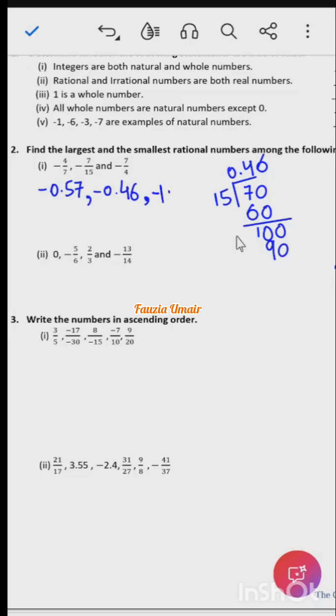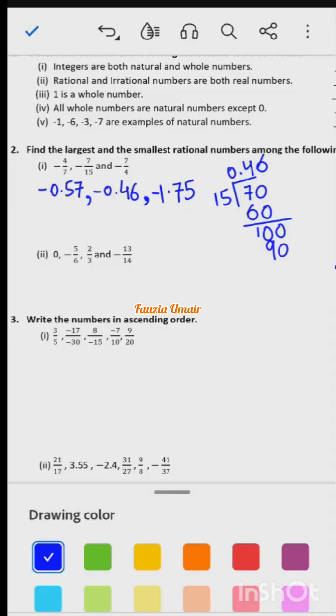Ma'am, minus 1 point 7. Abdul Moeed, you are also having the same answer? Minus 1.7? Ma'am, minus 1.75. That's right. 7 by 4 is minus 1.75. That is the correct answer.